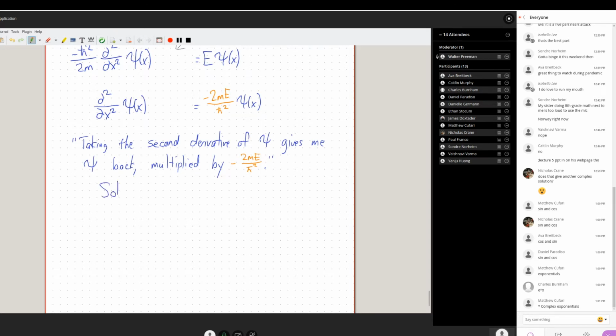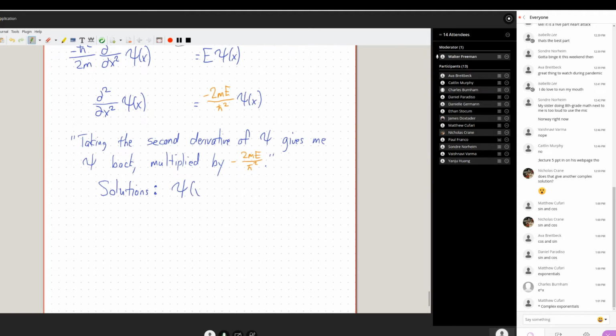So they're either psi of x equals some constant times a sine or cosine of kx, or psi of x equals a e to the minus i kx.